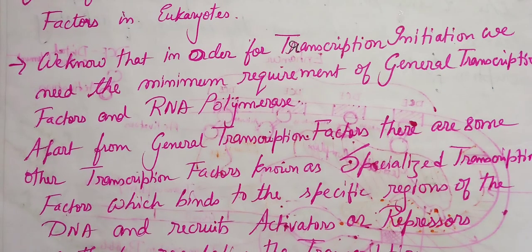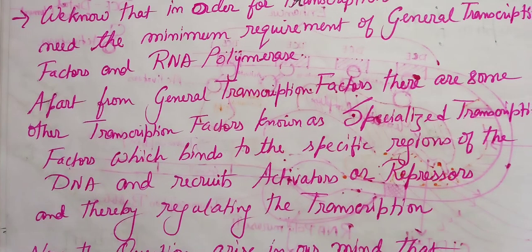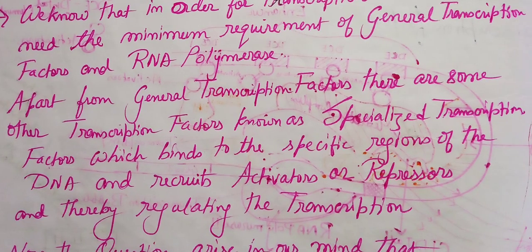Apart from general transcription factors, there are some other transcription factors known as specialized transcription factors, which bind to specific regions of the DNA and recruit activators or repressors. In the previous video we studied what activators and repressors are. Activators stimulate the transcription process, whereas a repressor will prevent the transcription of that specific gene.